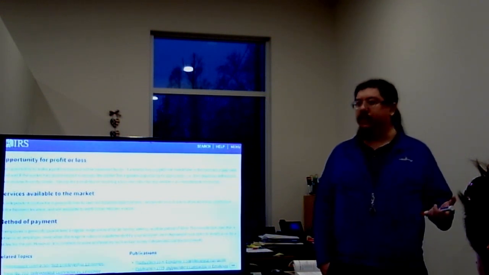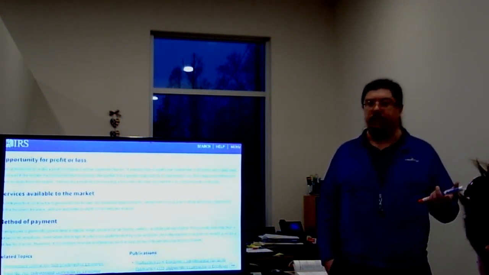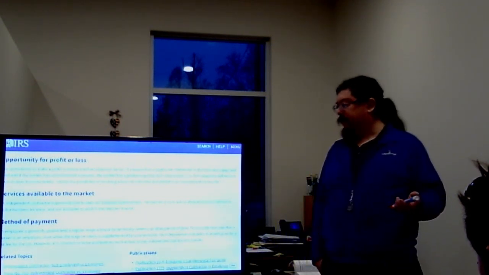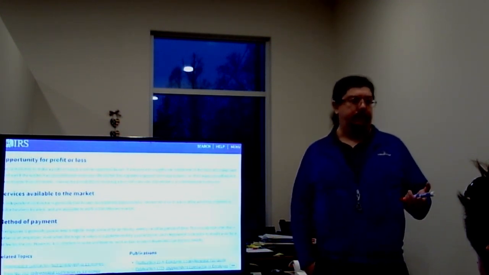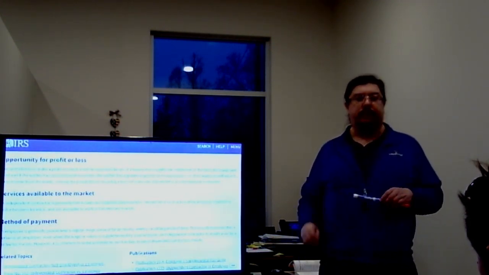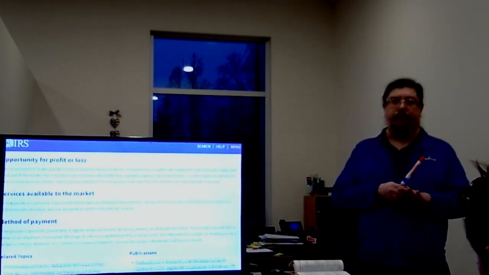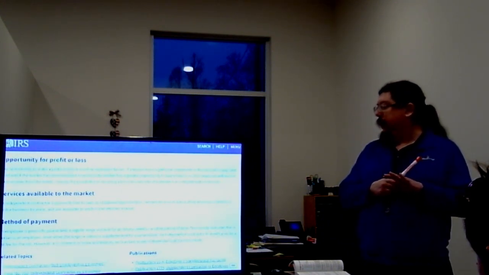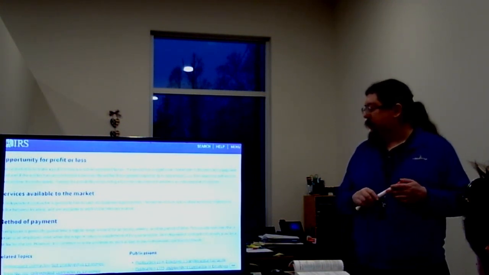So an attorney might charge $220 per hour, a paralegal might charge $125 an hour, an accountant might charge $200 per hour, and a bookkeeper might charge $80 to $120 per hour. But just because it's per hour doesn't necessarily mean that they're an employee. Typically employees are paid per hour, and contractors are paid some other way.